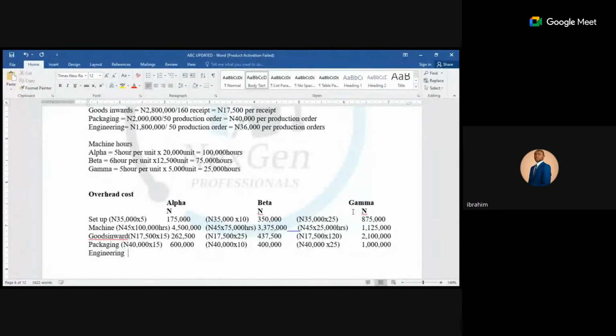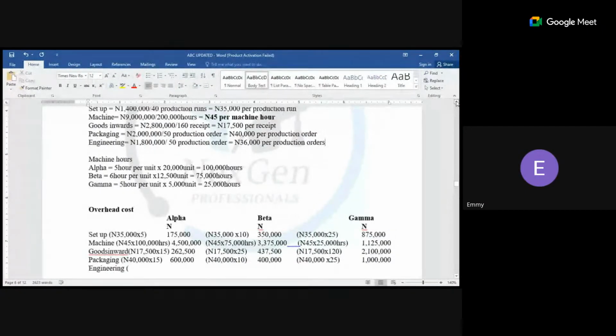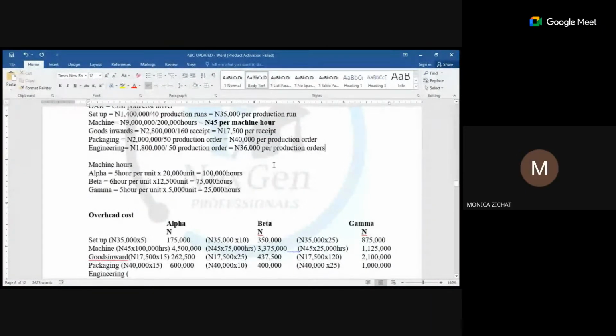Engineering. Engineering will cost what? 36,000 per production order, right? Already, we've done that before.